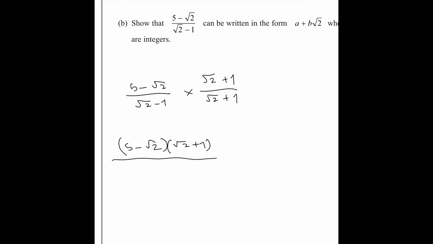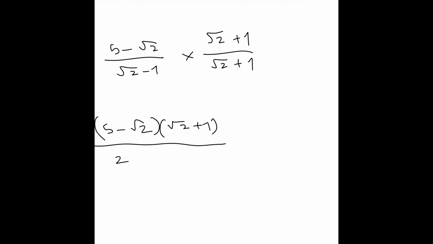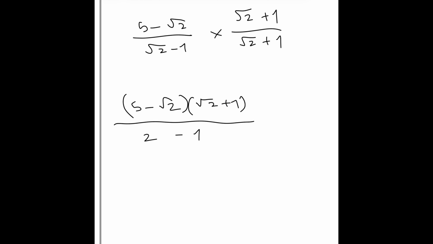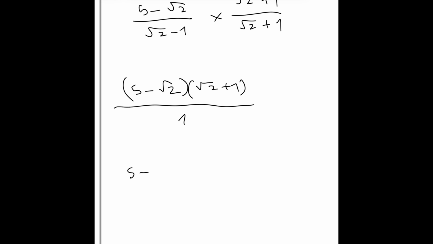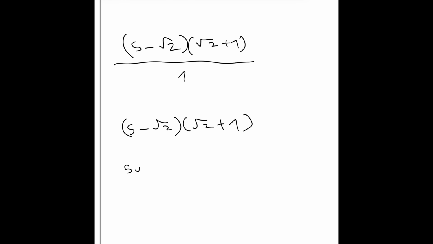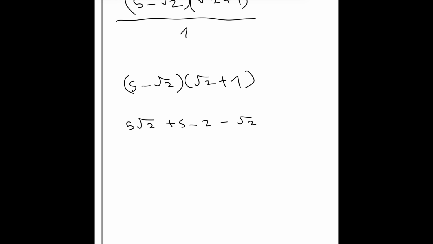And the bottom will be 2 minus 1, so it'll be 1. So it'll just disappear anyways. So it's going to be 5 root 2 multiplied by root 2 plus 1. If you do this, it's going to be 5 times root 2 plus 5 times 2 minus 2, because root 2 times root 2 is 2. And it's going to minus root 2. So if you organize the terms, it's going to be 3 plus 4 root 2 should be your answer.